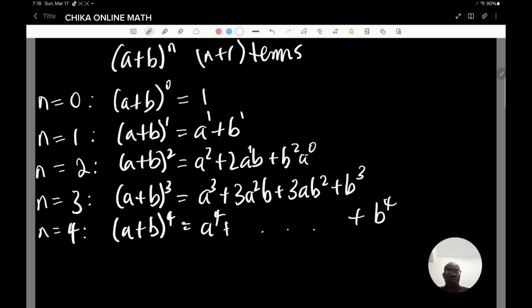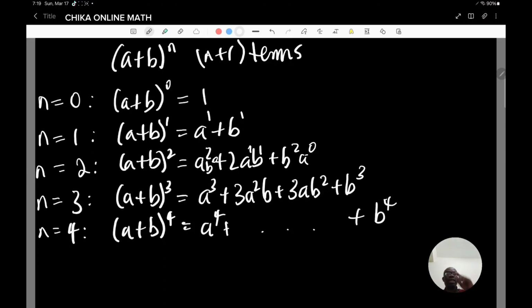So the power decreases by 1: the power of a here is 2, followed by 1, followed by 0. And what of b? What is the power of b in a plus b squared? The first one is a squared, or a squared b raised to power 0. Then b1, then b2. So the power of b starts with 0, then 1, then 2.